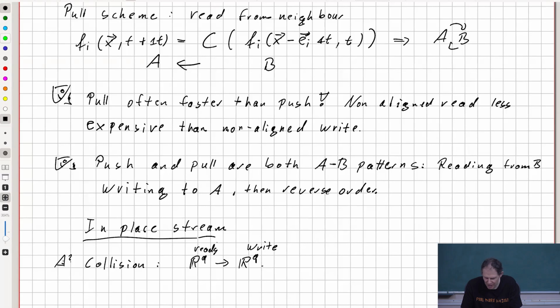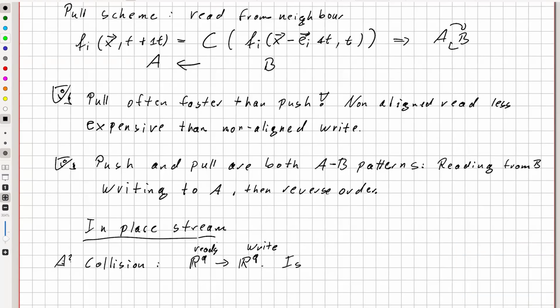So in principle, we can discard all the variables that we've once used. So the question is, is it possible to write from A to A? So this is an AA pattern.